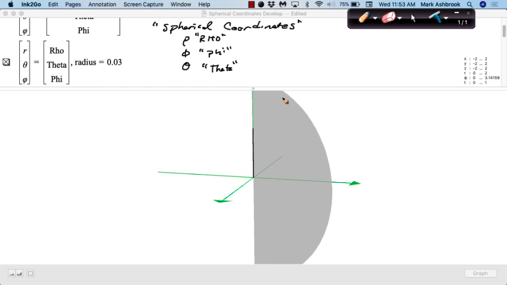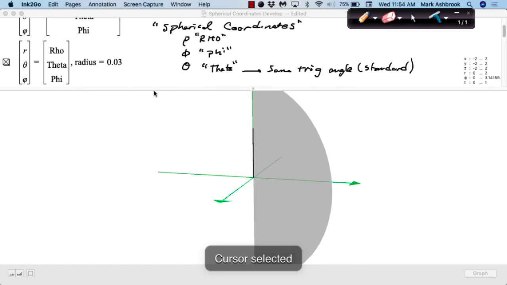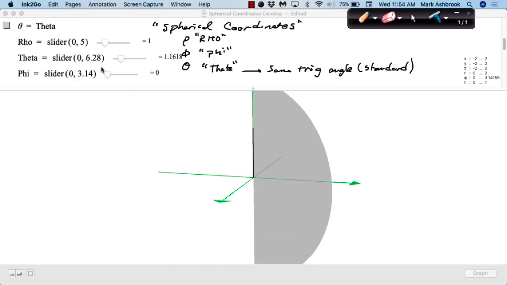Theta is the same trig angle that you've been dealing with for years, right? So it's this, and in this course, same standard trig angle. And what is that? It's the angle swept counterclockwise from the positive x-axis. So that's what I'm showing with this gray semicircle here.